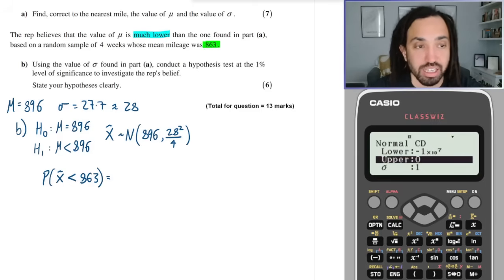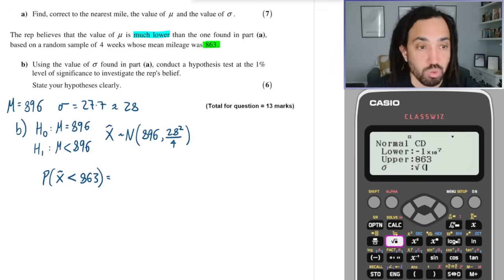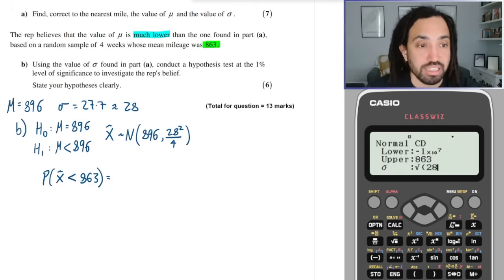Yeah, okay. Upper bound is, well, 863. And the standard deviation is the square root of 28 squared over 4.